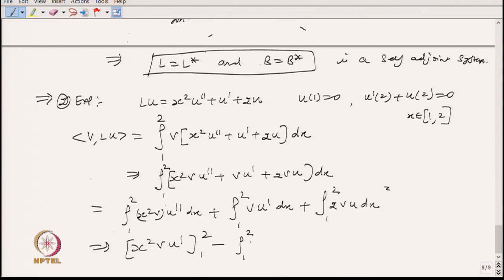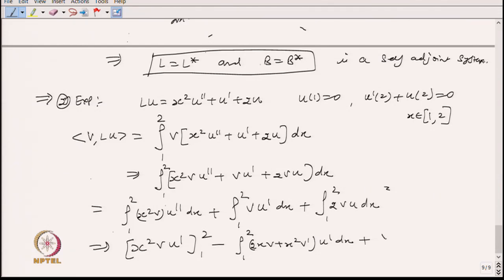So, taking the derivative of this one, the derivative will be 2x v plus x square v dash. So, this is the derivative taken, u dash dx plus, now from here I am taking again the product rule.